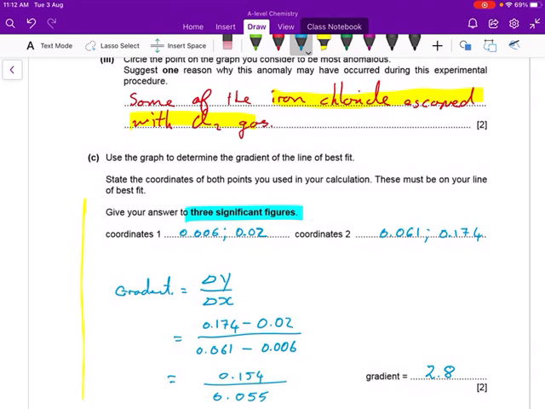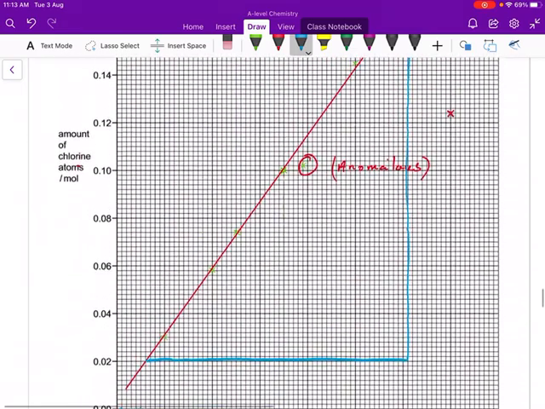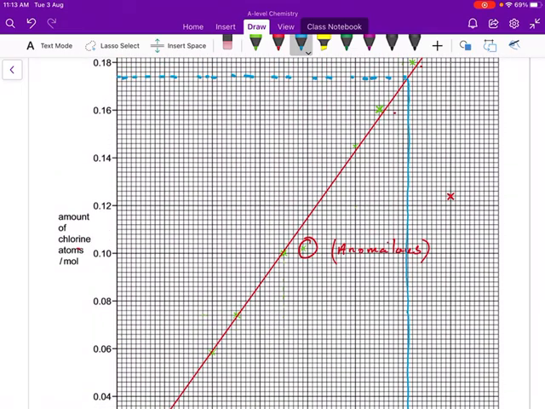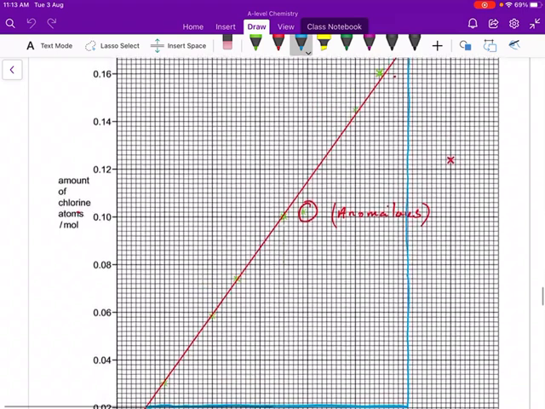And remember, this is coordinates, so that's x, y, and x, y, and your gradient is delta y over delta x. Important, again, for your gradient, indicate the part of the graph that you're using on the graph, so it's easy to get the coordinates, and it must be more than half the line.